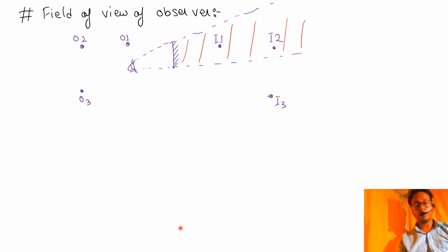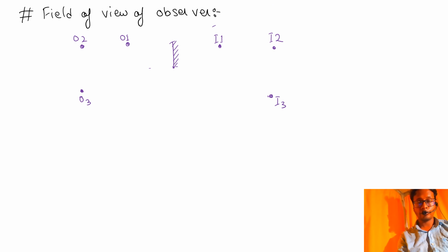So how do I see image 3? In order to see image 3, we bring the observer close to the mirror. Have you seen that if you bring your eyes close to the mirror, you can see much more of the wall behind you? How does that occur? This observer was very far away.